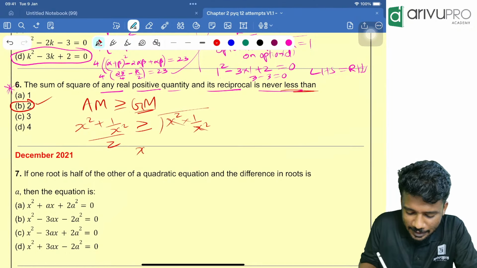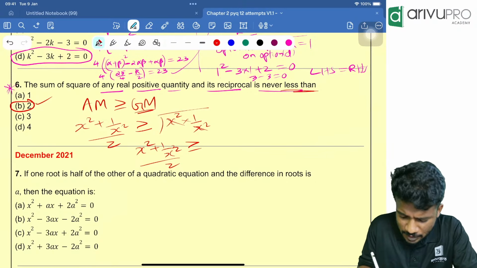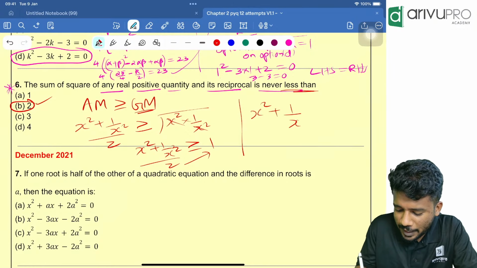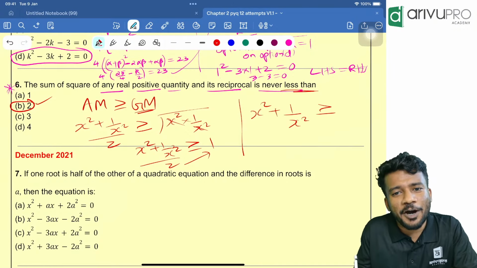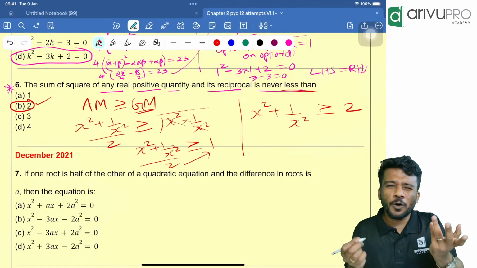Cancel. Root 1 is 1. Now cross multiply. That means x square plus 1 by x square will be greater than or equal to 2. So the condition is also satisfied that way. But you don't need to do all that.